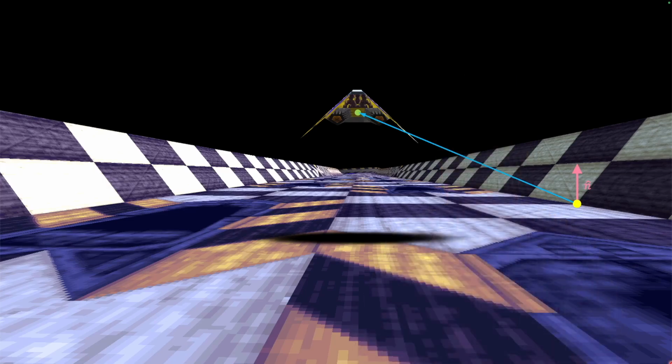So think about this. If we have these two vectors, super important: the normal of the section, and this vector that goes from the base of the track until the position of the ship, I have a vector operation which can help us project this blue vector onto the normal vector.